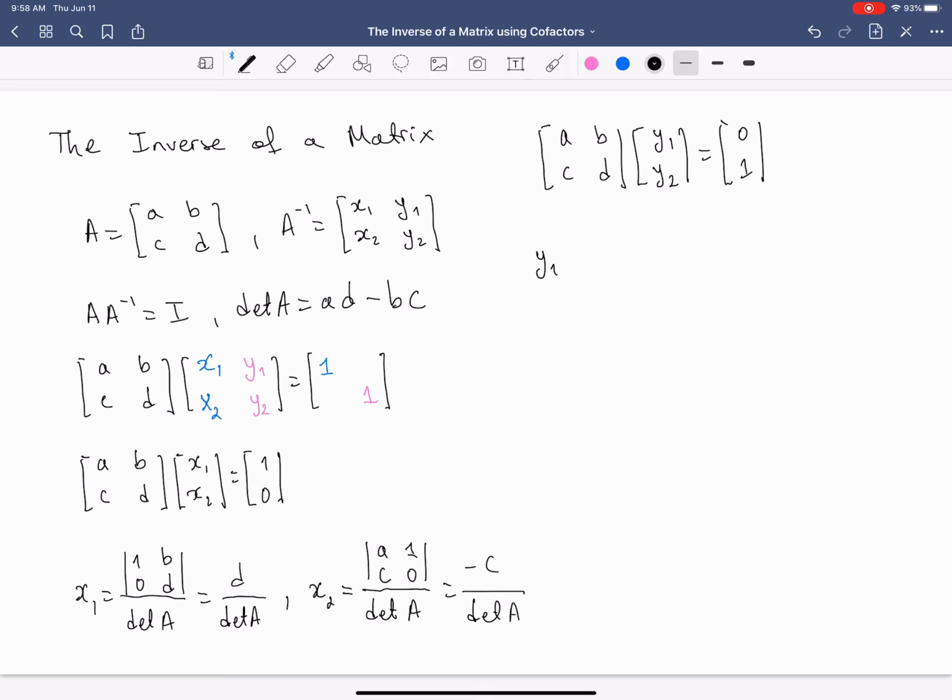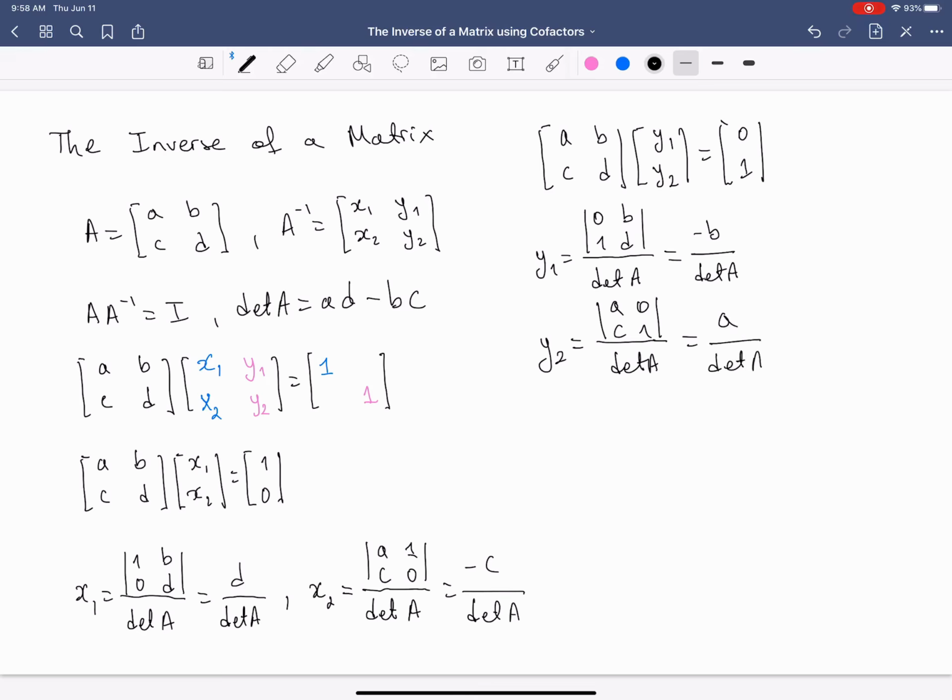So using Cramer's rule, y1 is equal to the determinant of 0, b, 1, d over the determinant of A. So that's equal to negative b over the determinant of A. And finally, y2 is the determinant of a, c, 0, 1 over the determinant of A. That gives us a over the determinant of A.